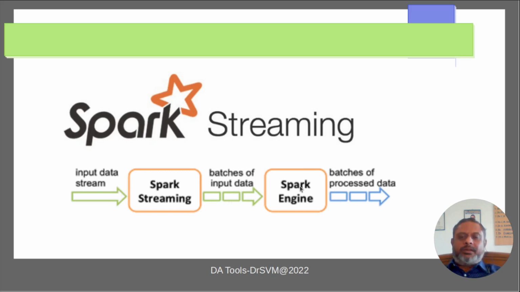These batches are fed to the Spark engine and processed, and the processed information for each batch is available one after the other. Usually Spark works on batches, so if the data is available as a live stream, it is required to convert the stream into batches, and that is done by Spark streaming.